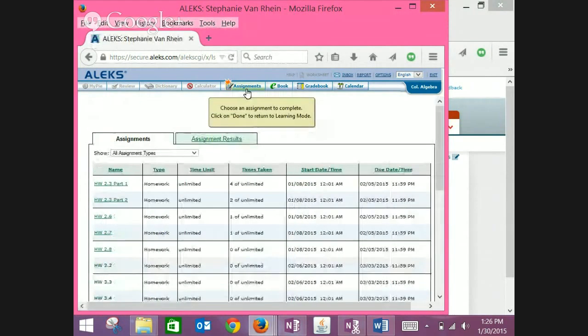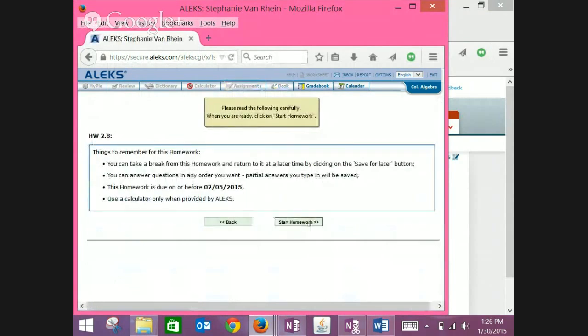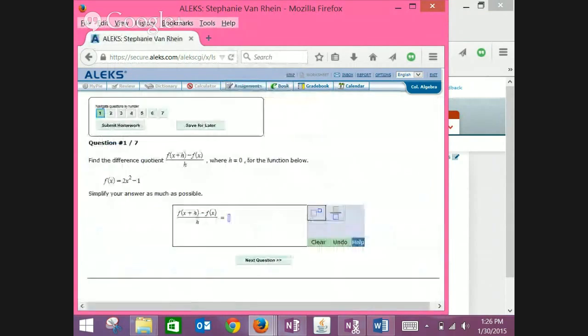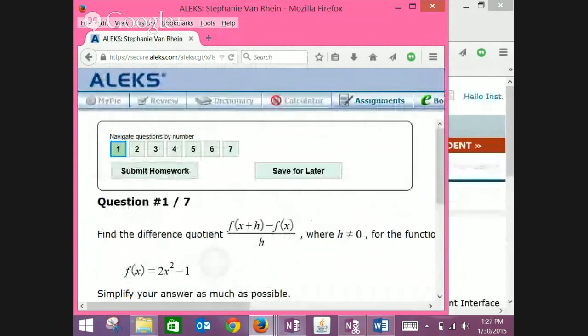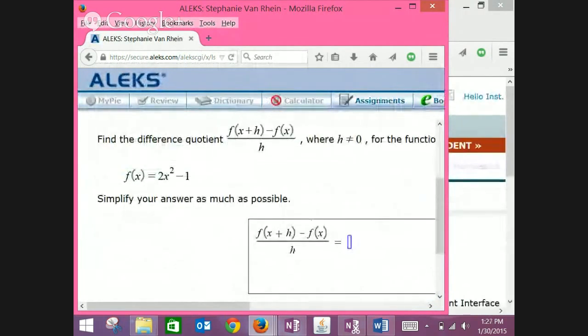So being able to go into 2.8, you can see the first question is a difference quotient. Calculate the difference quotient of 2x squared minus 1.